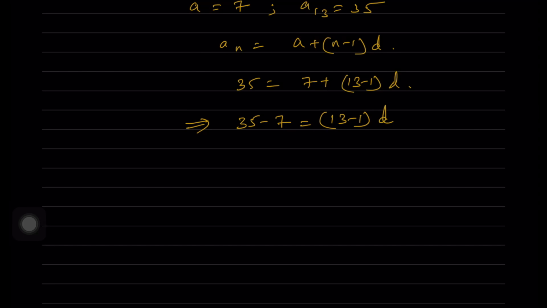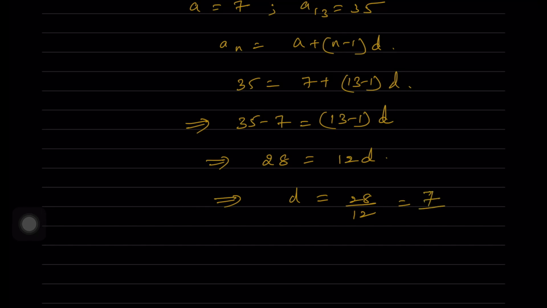which implies 28 is equal to 12D. So which implies D is equal to 28 by 12, which is equal to 4 7s are 28, 4 3s are 12. So 7 by 3 we are going to get.